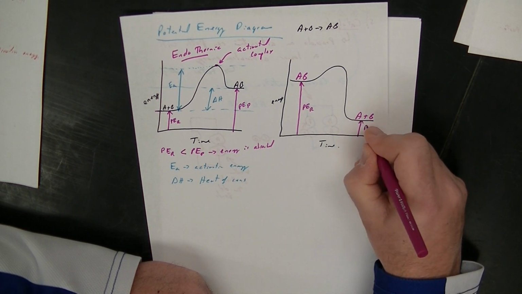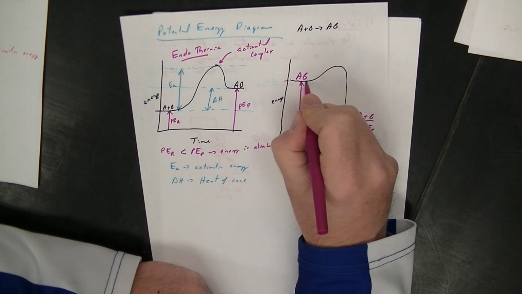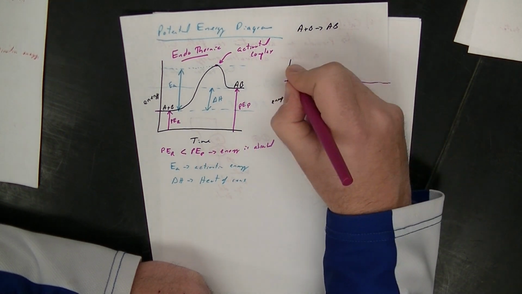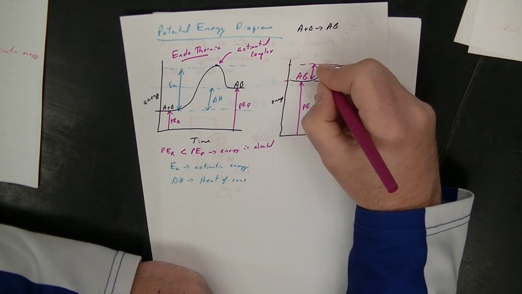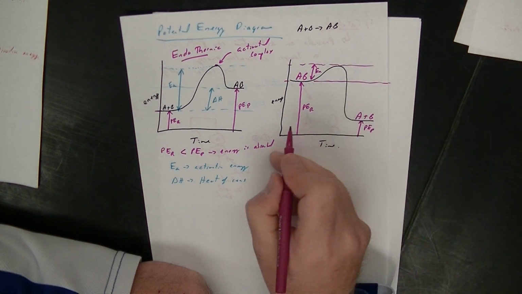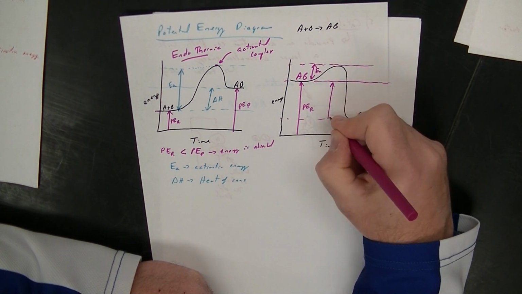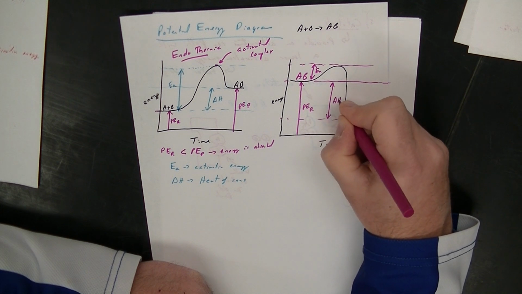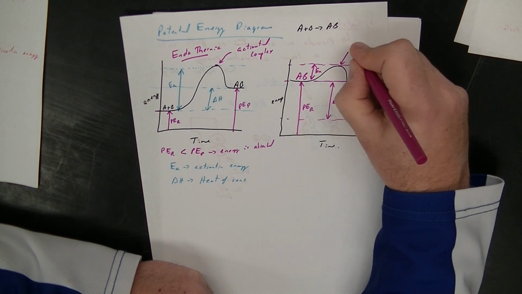This would be the potential energy of my products. This distance would be the activation energy, E subscript A. This distance is my delta H. This, again, is my activated complex.